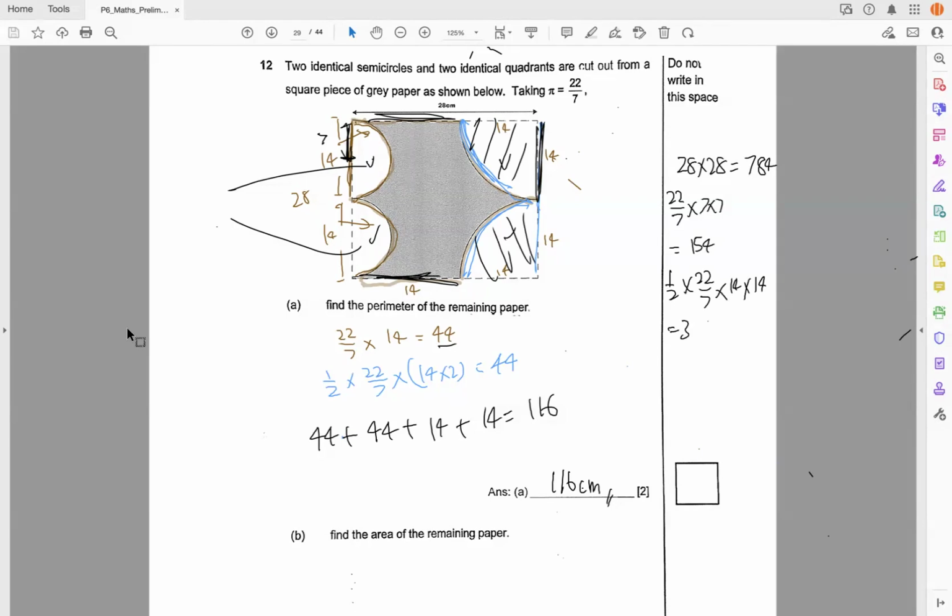You get 308. So the answer is the area of the square minus away the two semicircles, minus away the two quadrants. So 784 minus 154 minus 308. Answer is 322. So make sure your answer is 322 cm2. Write your unit.